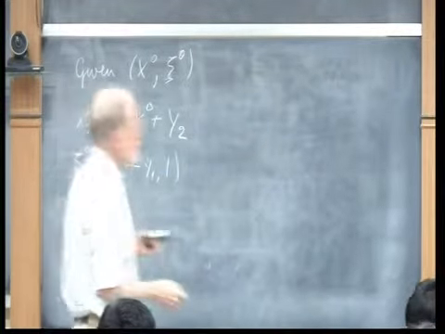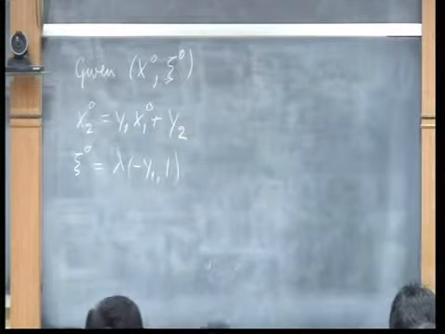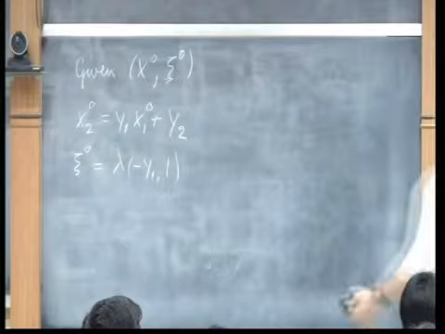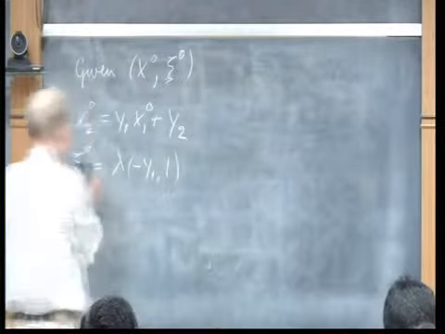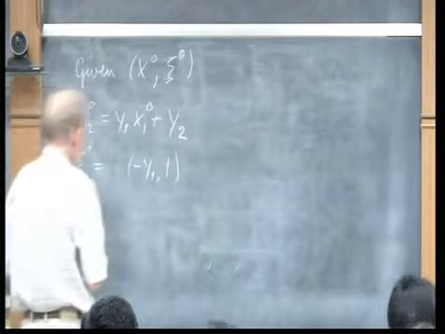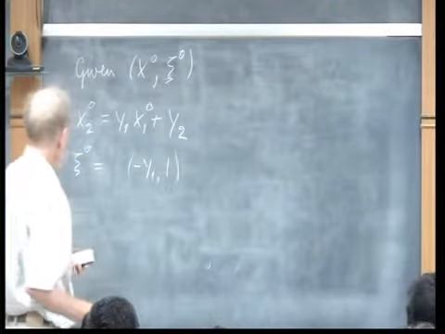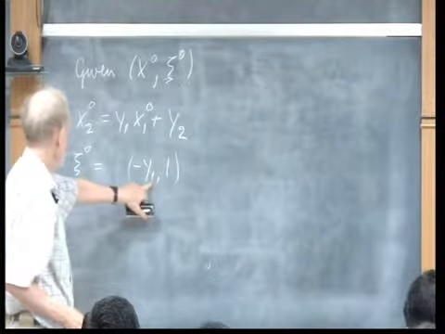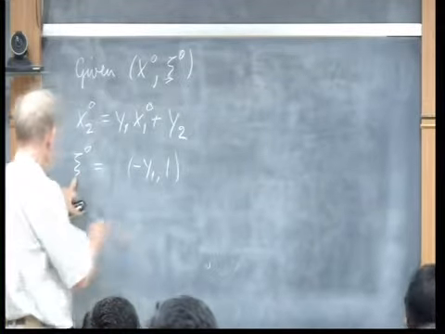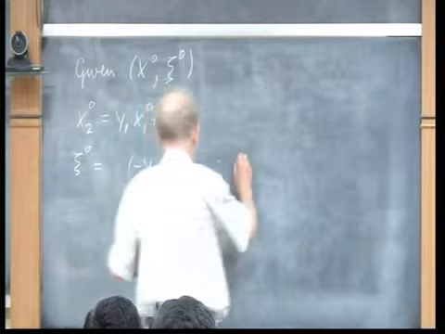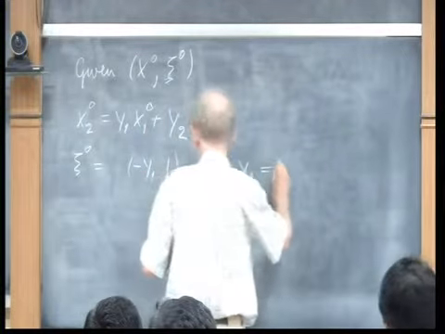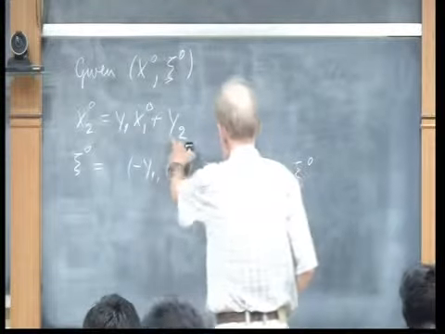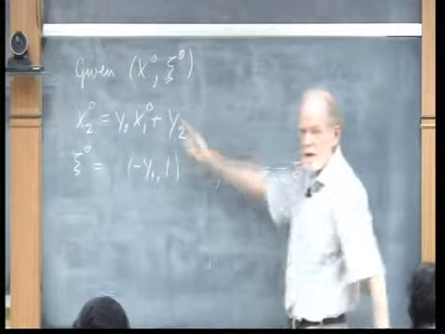But we can normalize xi, since these are wavefront sets of conics, so that lambda is 1. So clearly we get y1. Y1 is equal to minus xi0,1 epsilon. So then y2 can be computed from here.